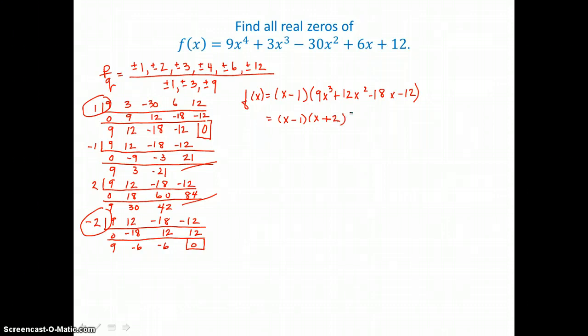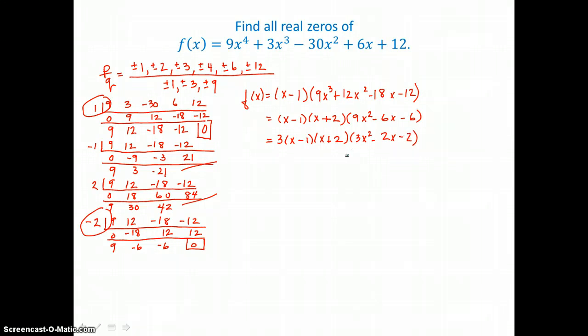And the quotient that I got is 9x squared minus 6x minus 6. Okay, I need to continue to factor this quadratic if I can. There's a greatest common factor of 3, so I'm going to pull that factor of 3 out front from that trinomial. So I'm going to be left with 3x squared minus 2x minus 2.